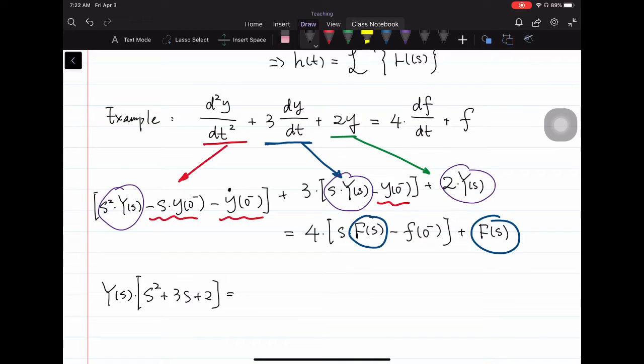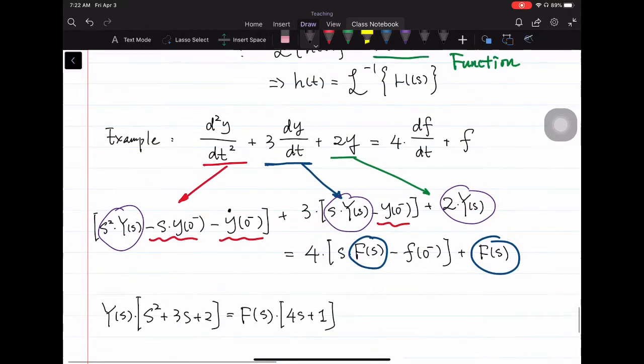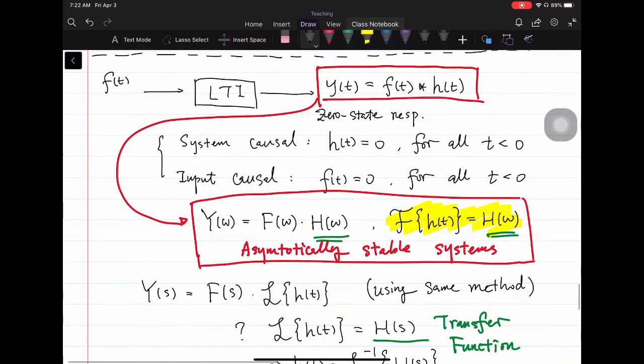So on the right-hand side, let's also do something. Let's do F(s), and this will be multiplied by 4s plus 1. And since I mentioned above, we only discussed the case where the input signal is causal, meaning before t equals 0, there's no input signal involved.